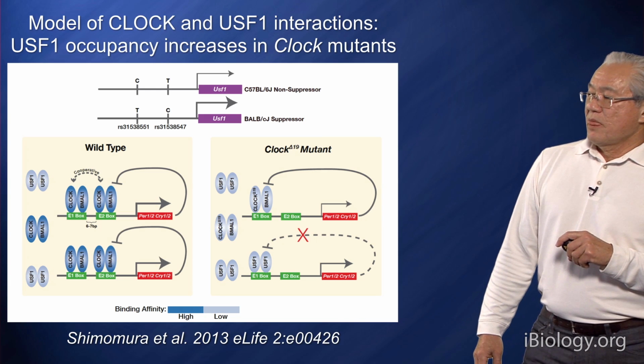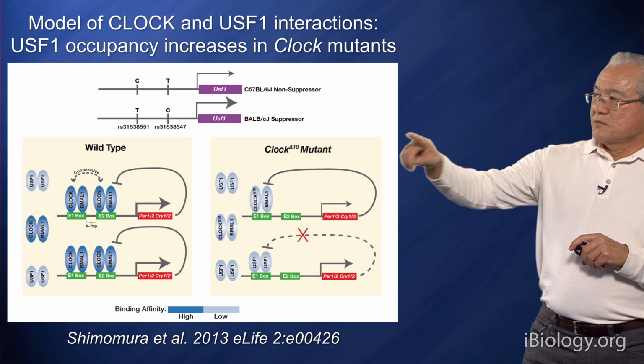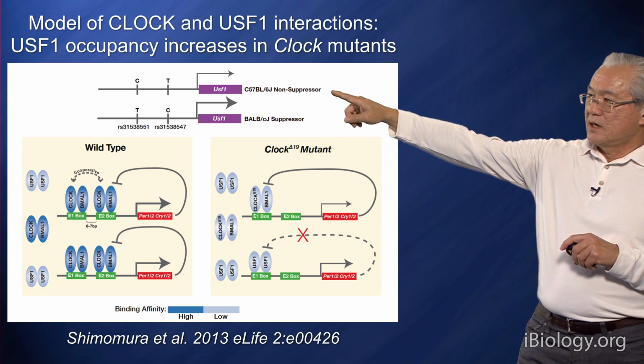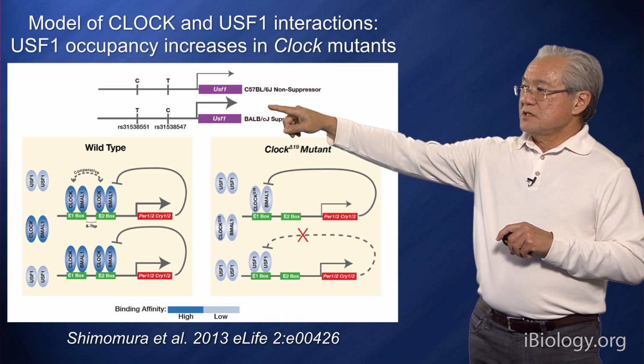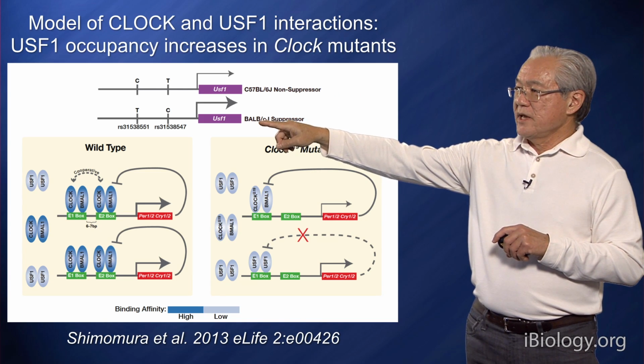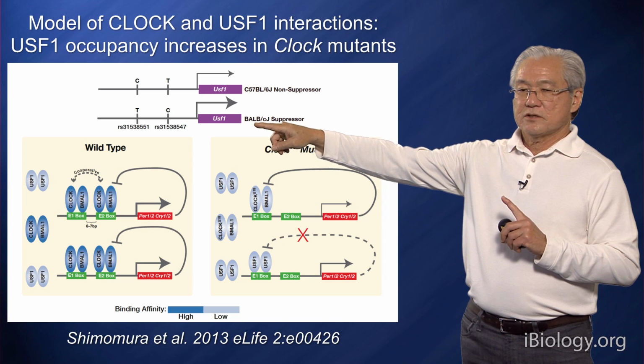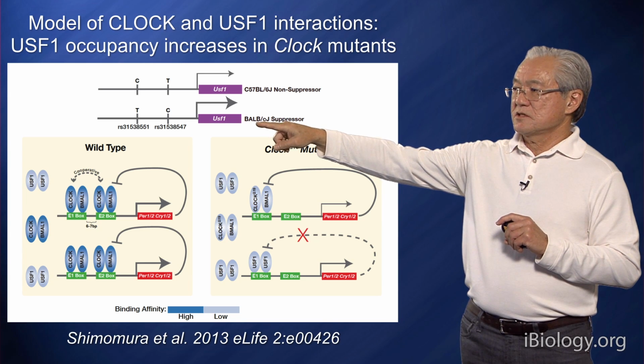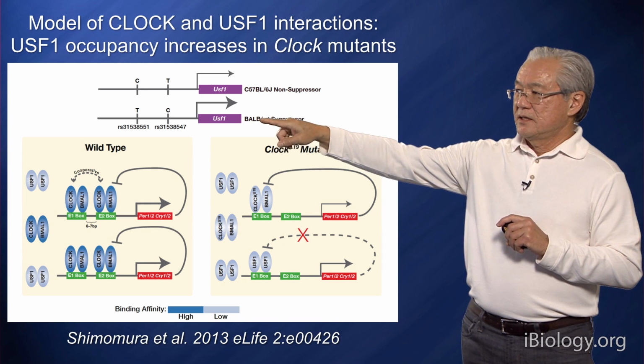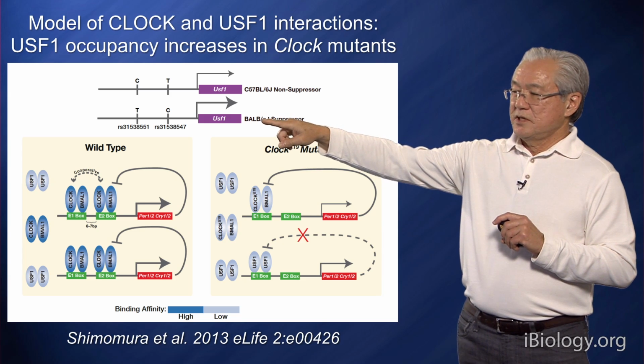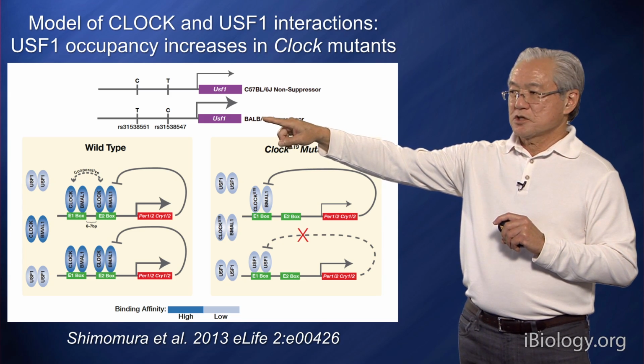So here's an overall summary of what we think is going on. In the BALB-C strain, there are regulatory sequence differences in the USF1 promoter that lead to an increase in USF1 expression.